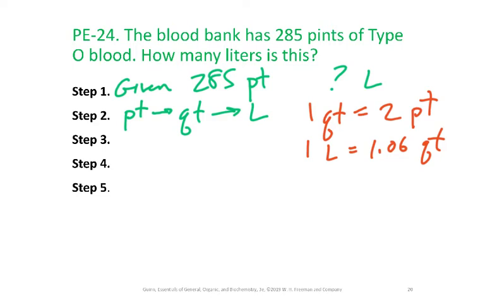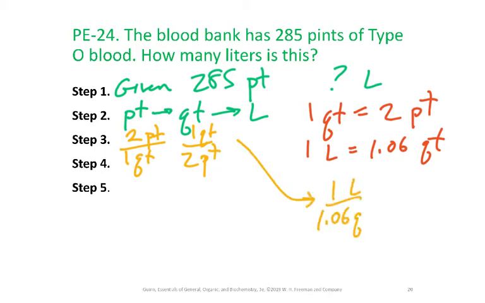So now we can make our conversion factors. 2 pints over 1 quart, or 1 quart over 2 pints, and 1 liter over 1.06 quarts, and 1.06 quarts over 1 liter. Now, we start with the known quantity and work through each arrow here to make a conversion into the unit we want.